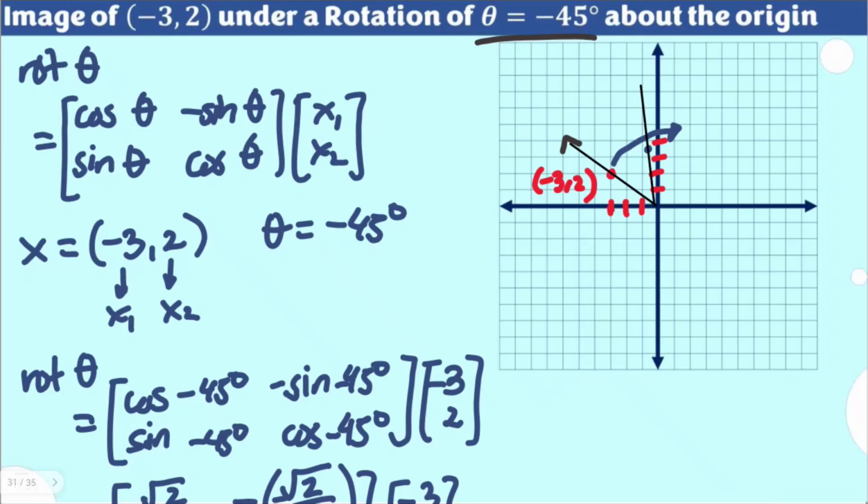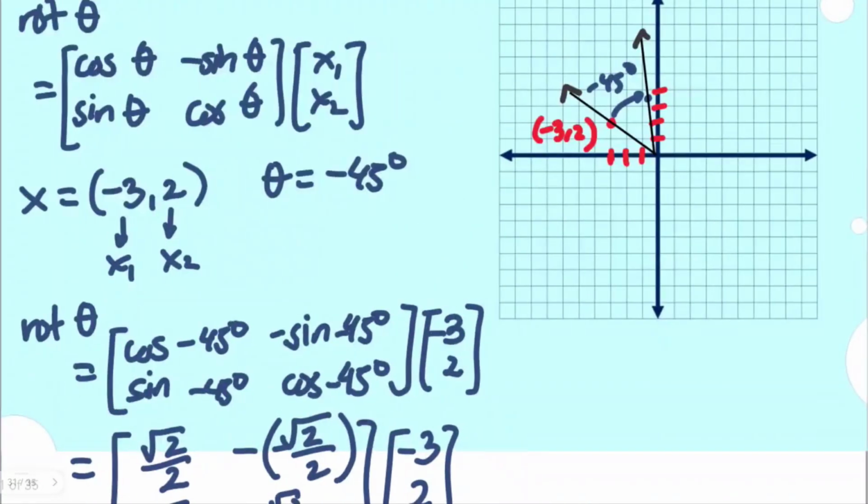So to make it better, our angle here of 45 degrees actually ended up until this point here. So this is just our rotation, negative 45 degrees. As you can see, the rotation is clockwise. That's why the location for the image is here. Now that's how we solve for the image of this given item.